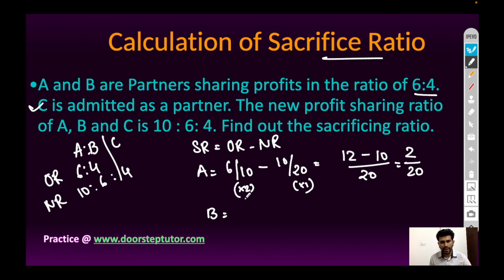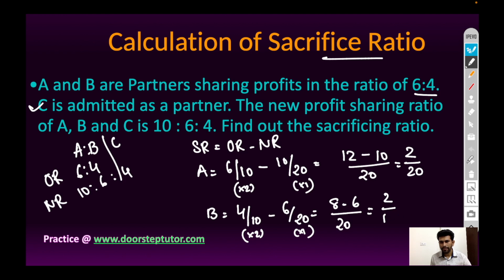And the sacrifice ratio of B is old ratio 4 by 10 minus new ratio 6 by 20. 4 into 2, 8 minus 6 into 1, 6 divided by 20, 2 by 20.